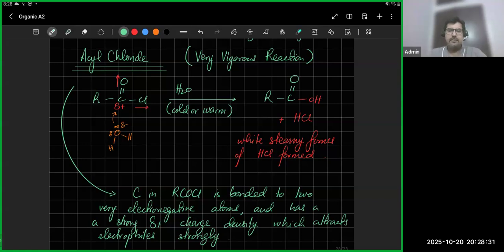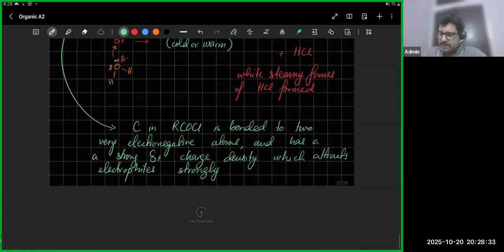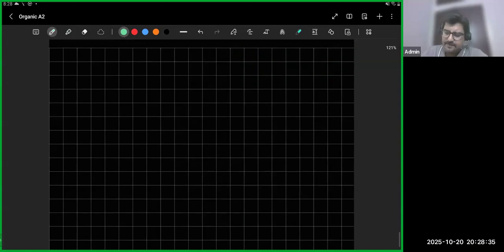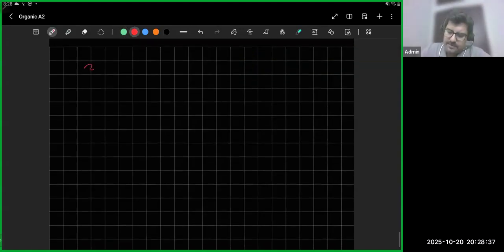Now the whole mechanism for this reaction. It's kind of complex, it's a new mechanism. This is called nucleophilic addition elimination. Okay, there's going to be addition happening, and then there's going to be elimination happening.